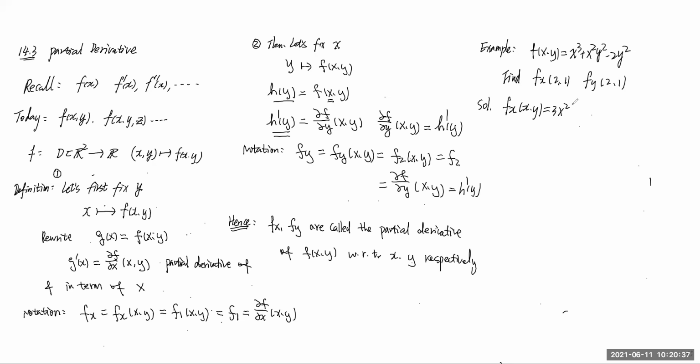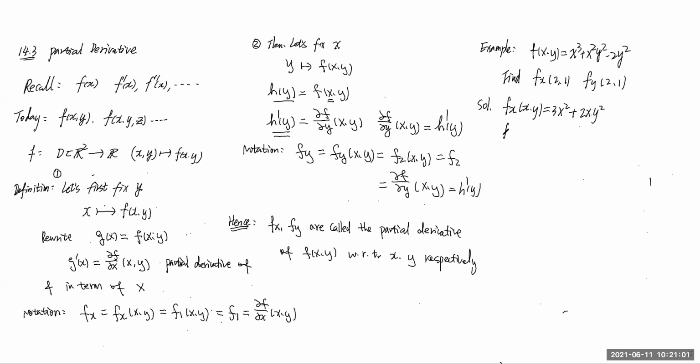Just remember, y is a constant now and x is the variable, so you get 2xy^2. The derivative of the last term is 0 because y is a constant. We are differentiating x.